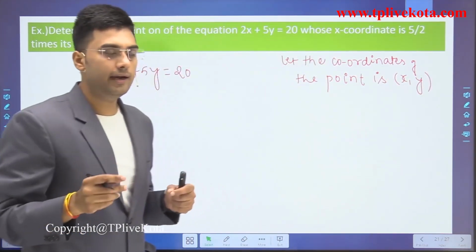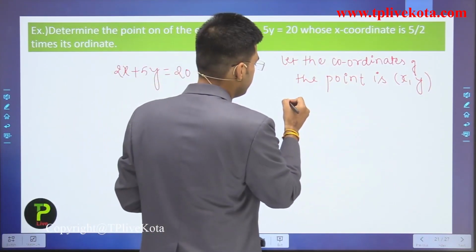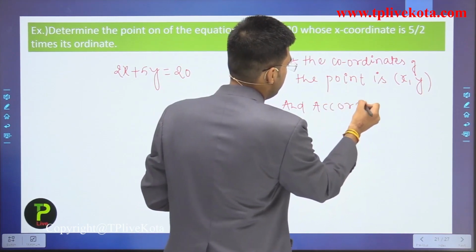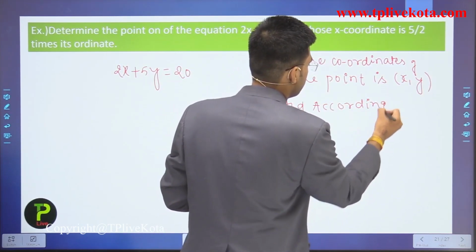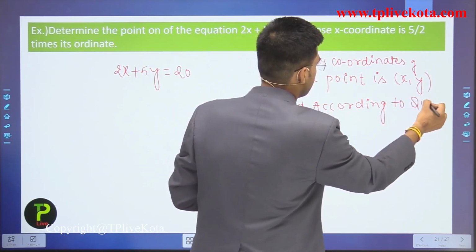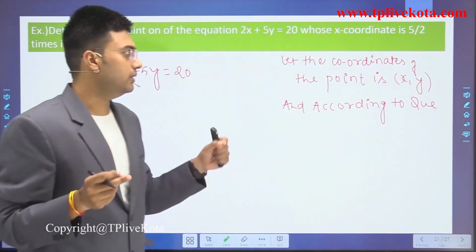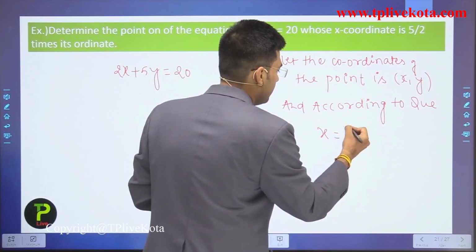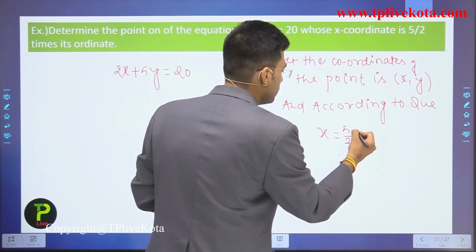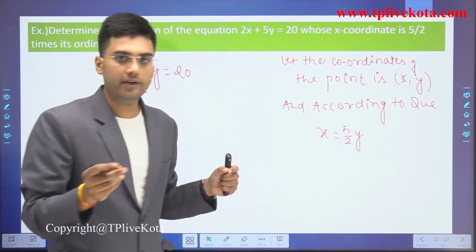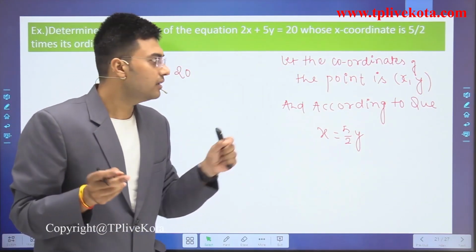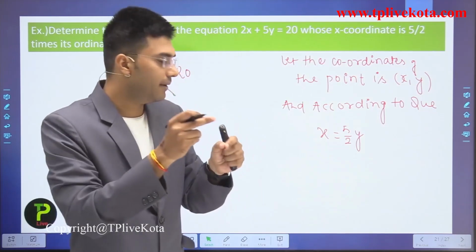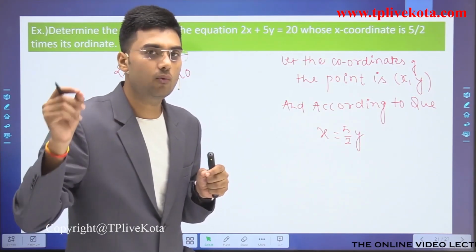Okay, and according to the question, the x coordinate is 5 by 2 times the ordinate, that means the y coordinate. So we can write that x is equal to what? x is equal to 5 by 2 times y.